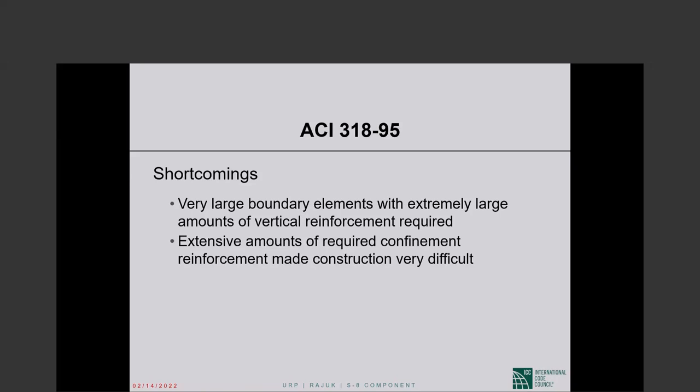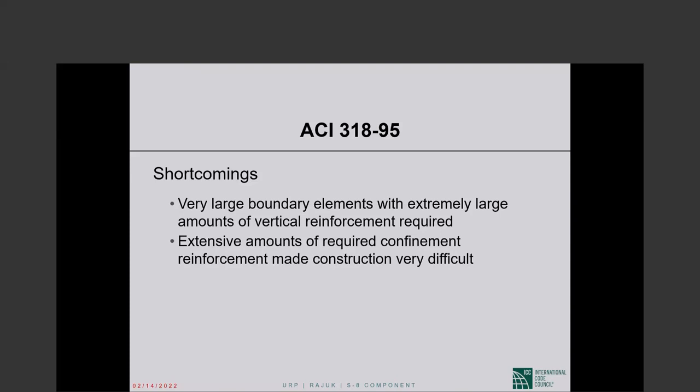So 20% of f sub c prime triggers special confinement. Special confinement cannot be discontinued until P sub u over A sub g plus M sub u over I sub g times L sub w by 2 falls below 15% of f sub c prime. And that sometimes took 3, 4 stories, maybe 5 stories of a taller building.